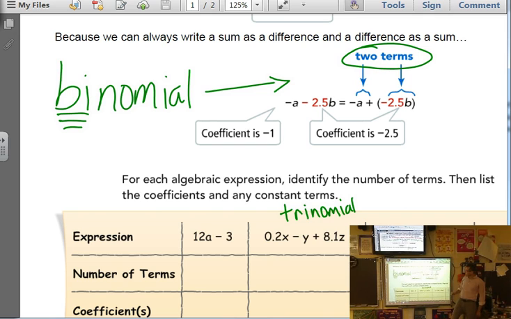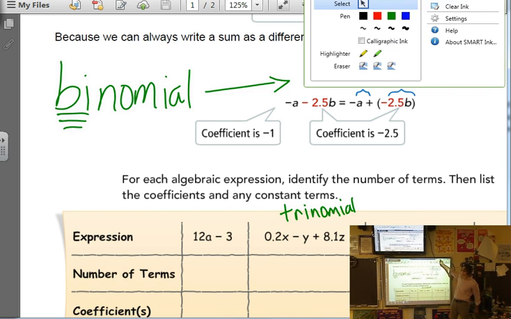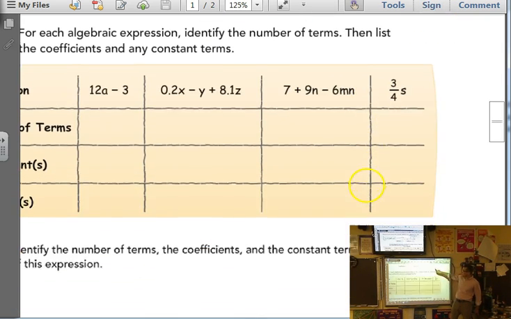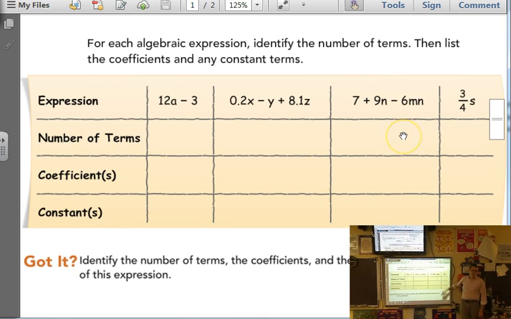So what's the fraction then? The fraction? What do you mean the fraction? So what nomial would that be? Well, if you only have one of something, what's that prefix? Monomial.